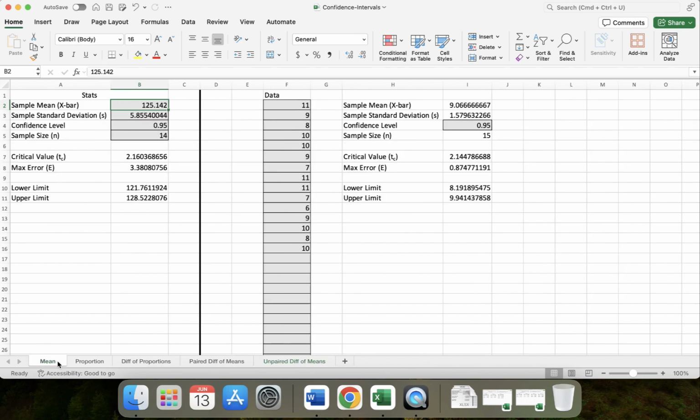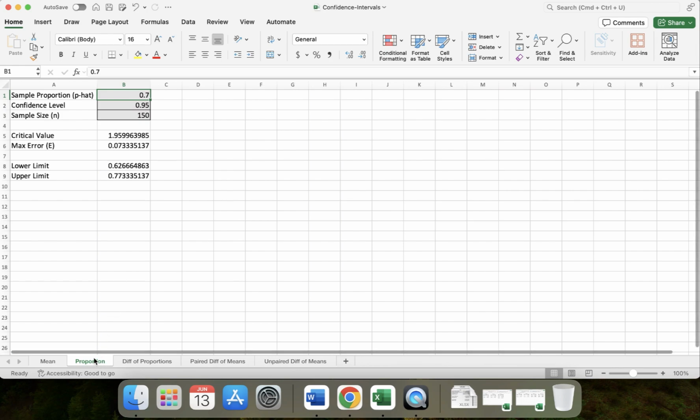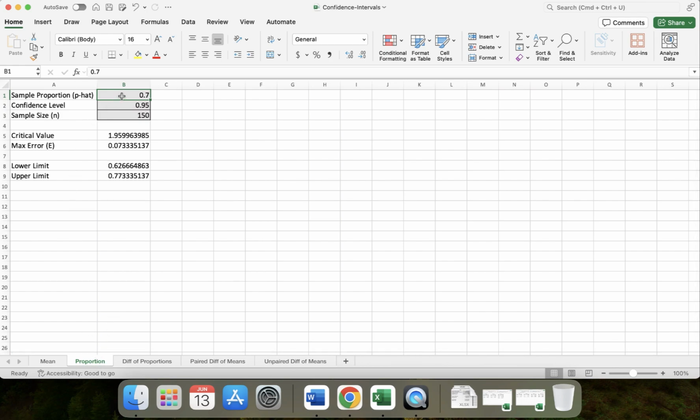And you can see we're going to go through 5 different situations in this class. There are definitely other situations, but we're not going to cover them in this class, so I just limited what I put in here. But we're using this one here, which is a proportion. And there's 3 things for us to fill in. So I'm just going to copy this down, p hat.